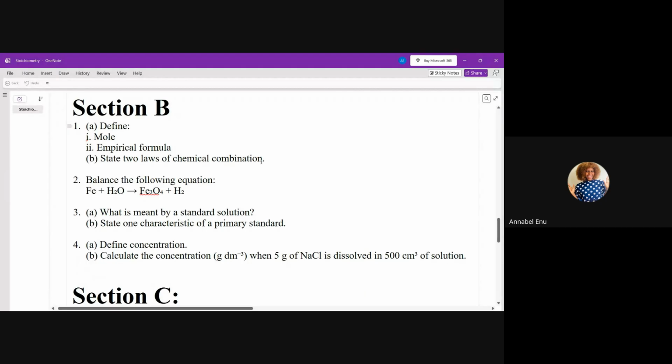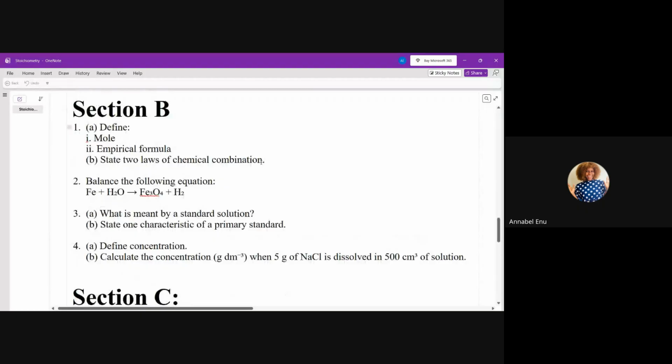The laws of chemical combination are what we have said earlier on. We mentioned conservation of mass, definite proportion, and so on.